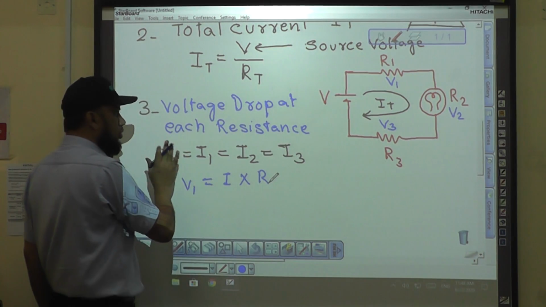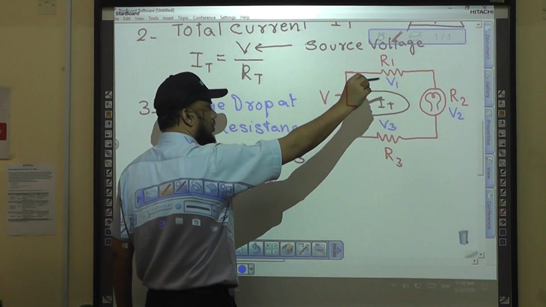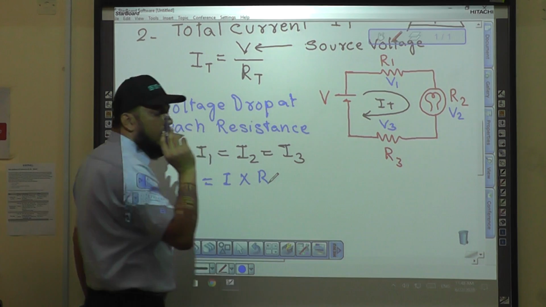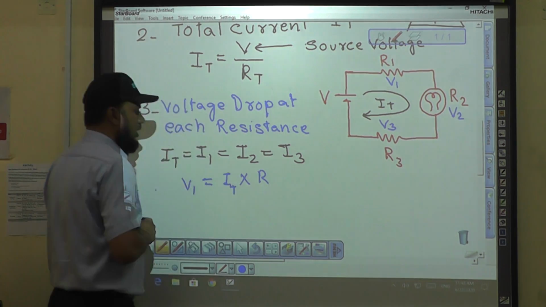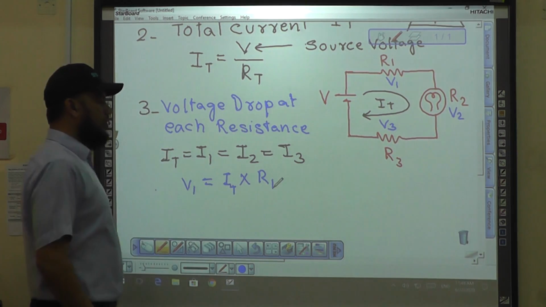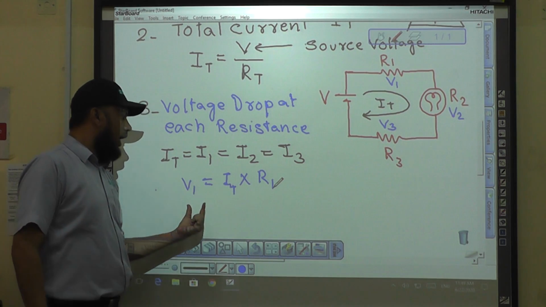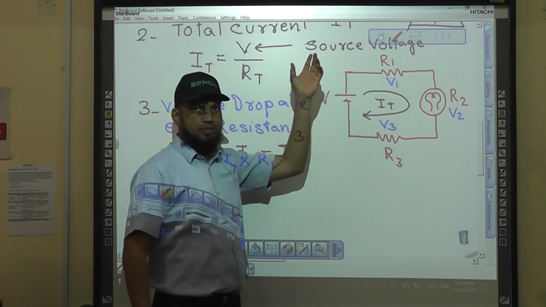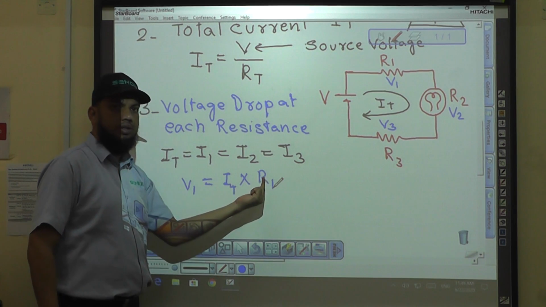So the voltage drop V1 at R1 is I total times R1.